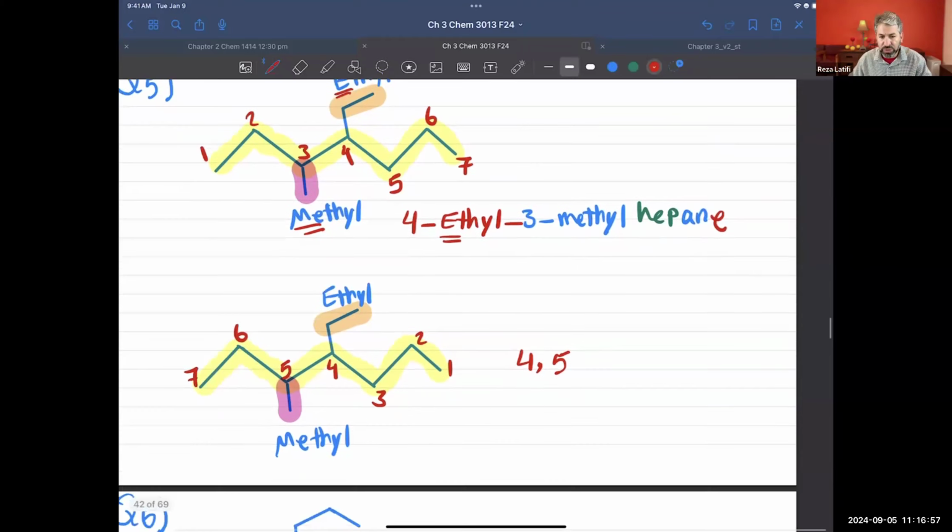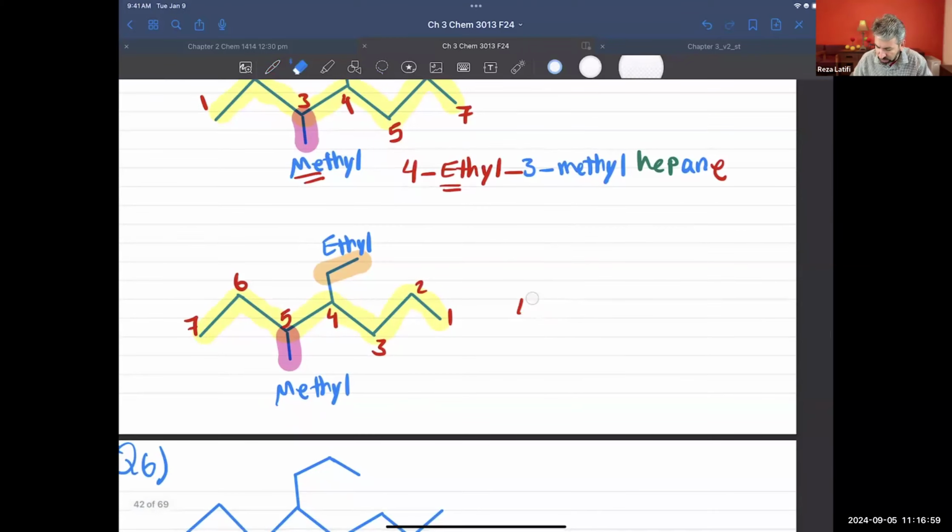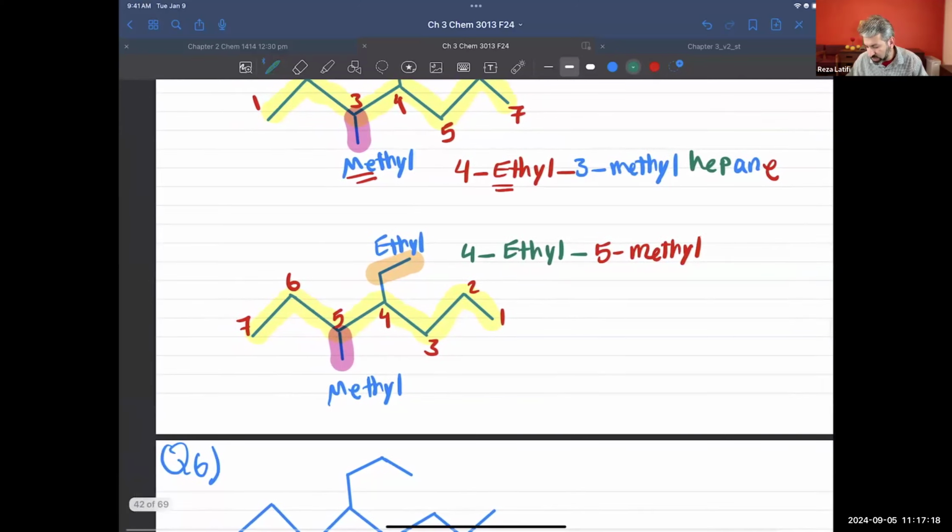Compared with this one: on the fourth carbon I see an ethyl, so that's fine. Next, on the fifth carbon I see a methyl, and all of them are sitting on 7 carbons. So heptane.